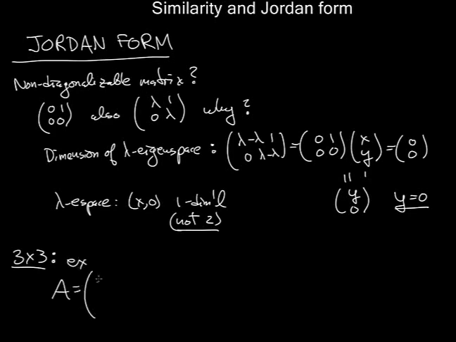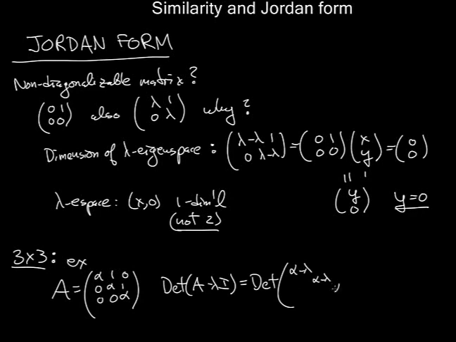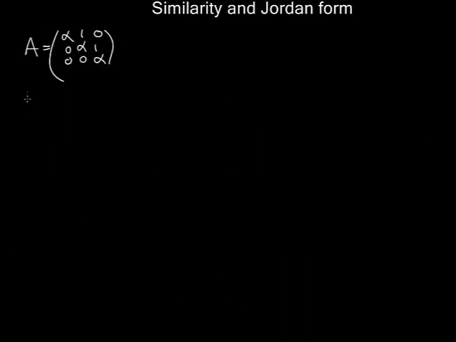Let's look at a 3 by 3 example. Suppose I took A to be something like this. I took some number alpha down the diagonal, and then 1 on the so-called superdiagonal. Let's compute the eigenvalues of this matrix. Well, you all know when you have an upper triangular matrix, the only eigenvalue is the diagonal entry, which is to say alpha. So there's only one eigenvalue. So is this matrix diagonalizable? Well, you have to compute the dimension of the alpha eigenspace.